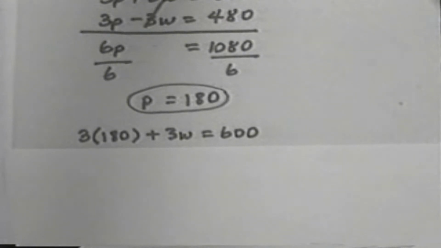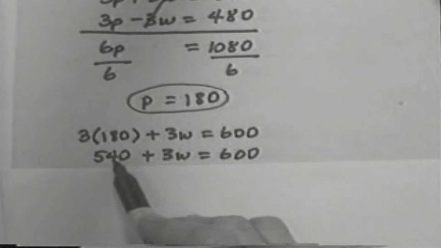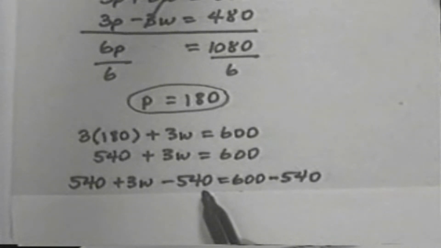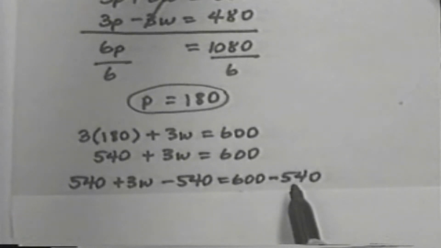On the left, we multiply 3 times 180 and get 540. 540 plus 3w equals 600. We need to remove 540 from the left-hand side, which we do by subtracting it. This gives 540 plus 3w minus 540 equals 600 minus 540.